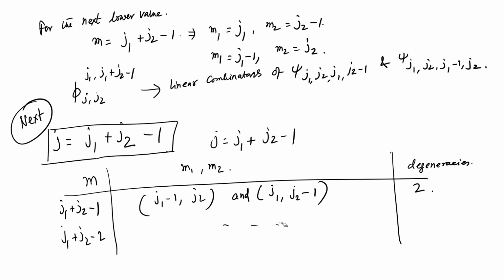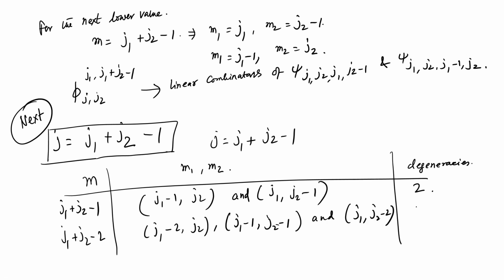Okay. So, if you need me to complete this, then this is equal to J1 minus 2, J2 and J1 minus 1, J2 minus 1 and J1 and J2 minus 2, and this has 3 degeneracy and so on. This is not coming from the maximal value of J, but it is coming from the next lower value of J. And in fact, this state that you get, this J1 plus J2 minus 1, you can actually operate the J minus on to this J1, J2, J, M, and you can get this state.